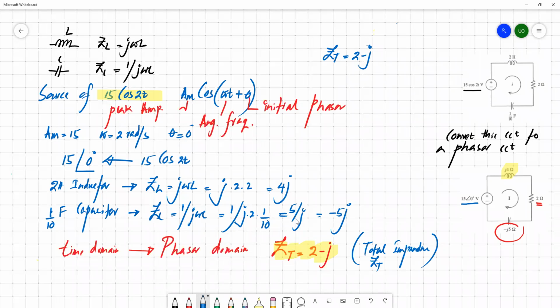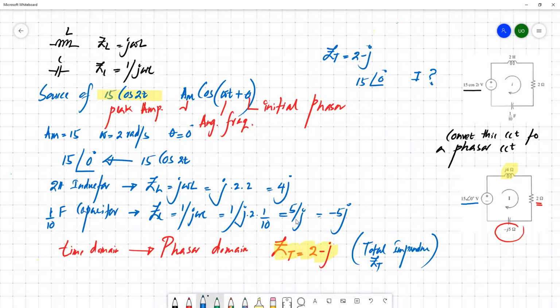So we have a source of 15 at angle 0. How do we evaluate the current? We know the impedance, we know the voltage, and we need to find the current.